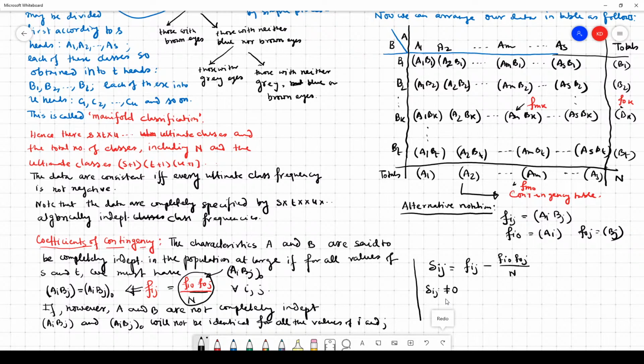This means A and B are not independent, otherwise it is completely independent.